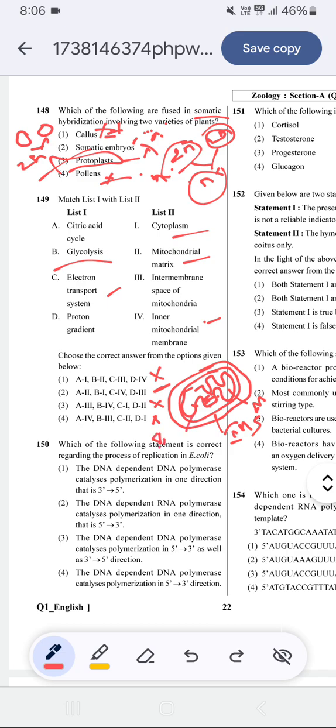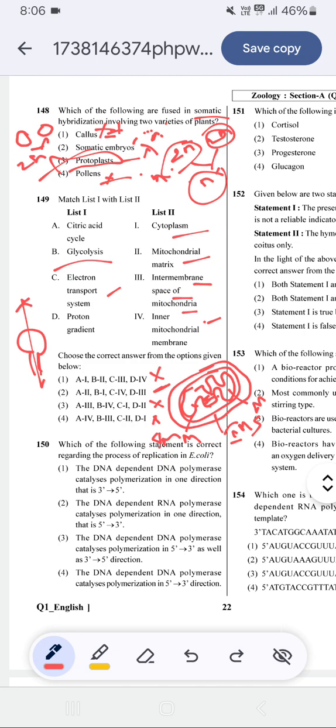And this is the inner mitochondrial membrane where the electron transport chain or electron transport system is present, like this. Electron transport system is present. Proton gradient occurs in intermembrane space of mitochondria.